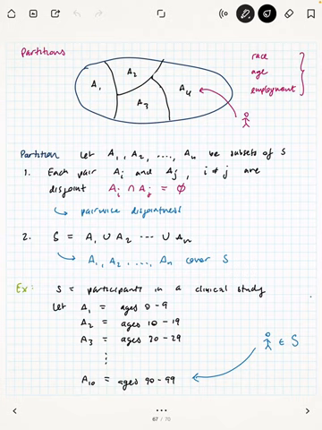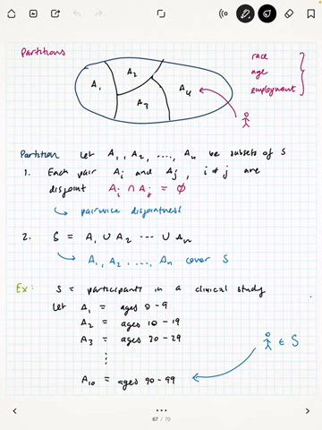As an example, let's consider this set S of participants in a clinical study. S is going to be our larger group, the picture. Now we're going to designate a few of these subgroups, which are the jigsaw pieces themselves. Let A sub 1 equal the group of people aged 0 through 9. A sub 2 is the people aged 10 through 19.